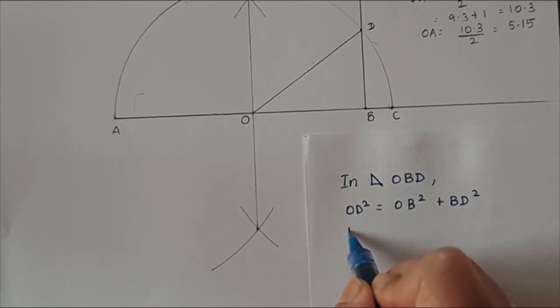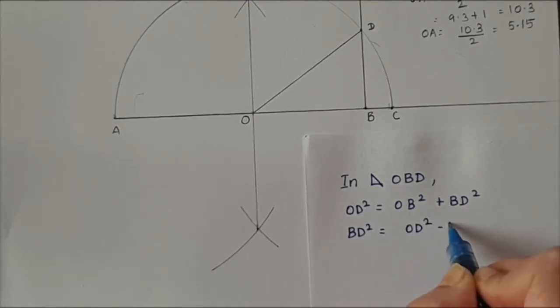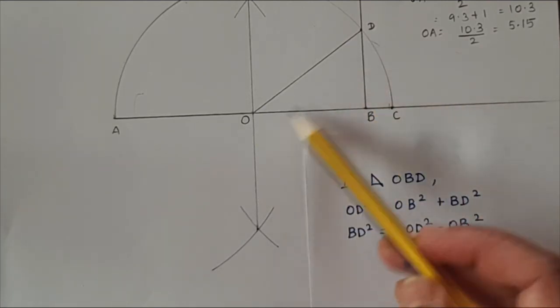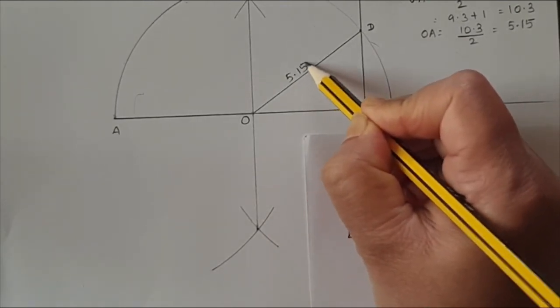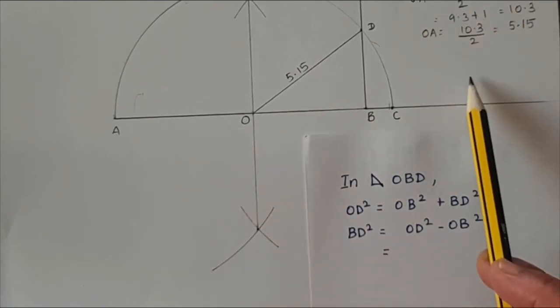So we have to find out BD square. So BD square is OD square minus OB square. OD is the radius of the semicircle. So we already calculated the radius of the semicircle here, isn't it?